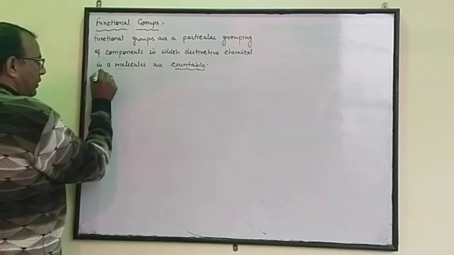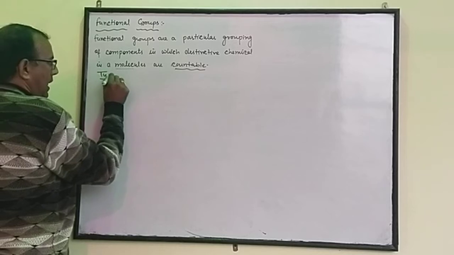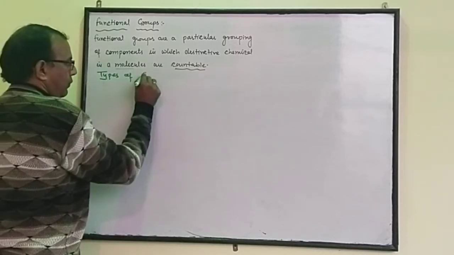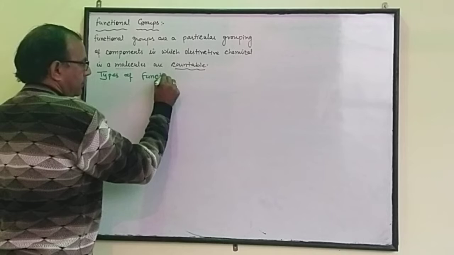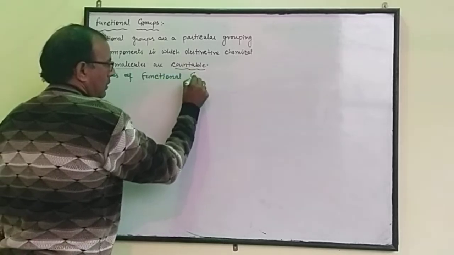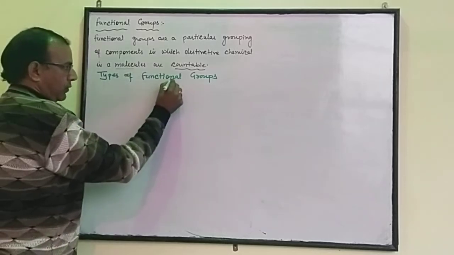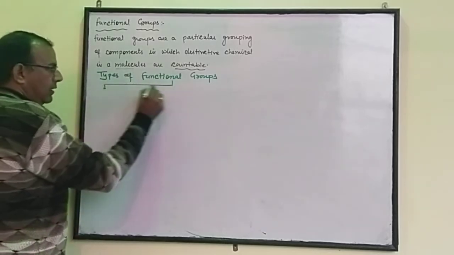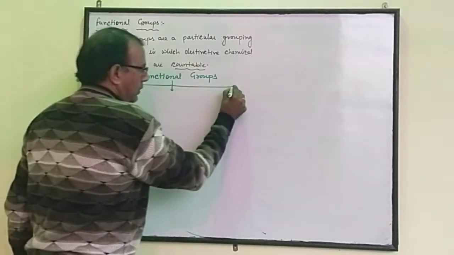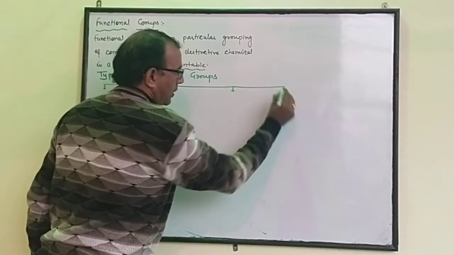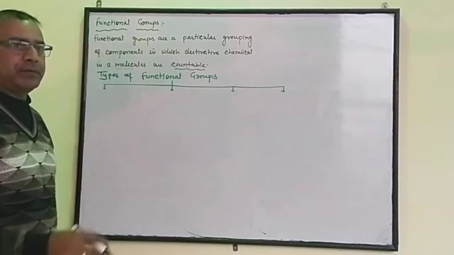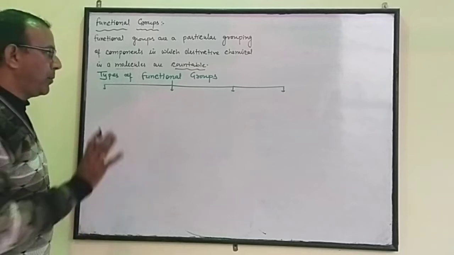Types of functional group. There are four types of functional group. How are these functional groups attached with the hydrocarbon compounds?